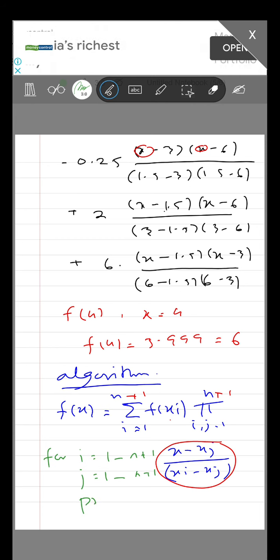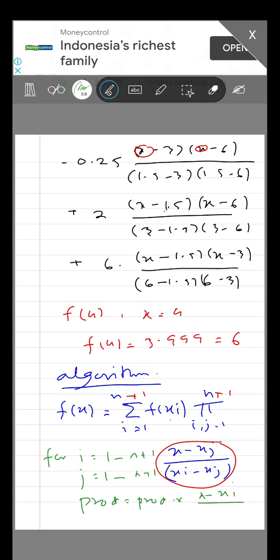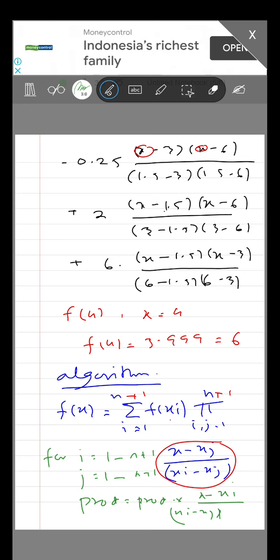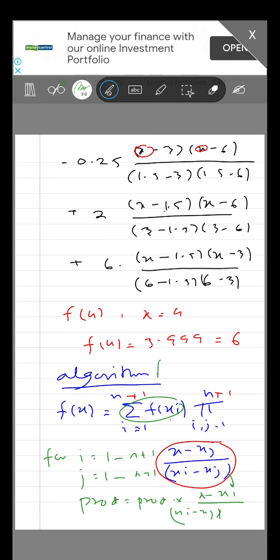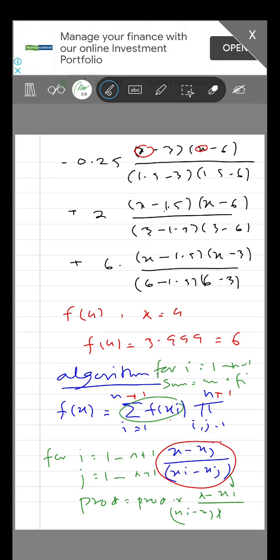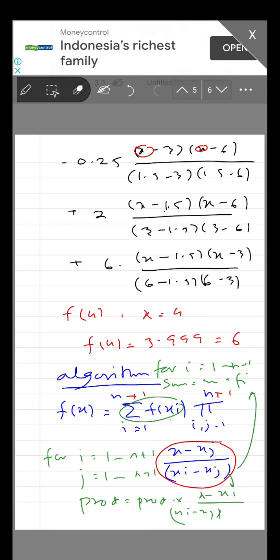This is the product function: product is equal to product into x minus xj divided by xi minus xj. So this is the product function, and this is the sum function. That means for i equal to 1 to n plus 1, sum is equal to sum plus fi into this product function. So that's how we get the whole algorithm.